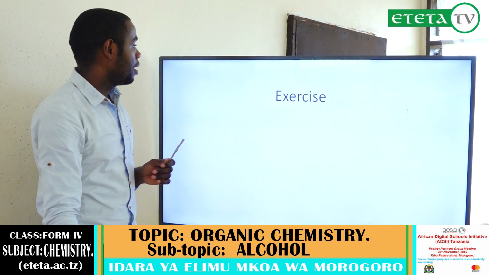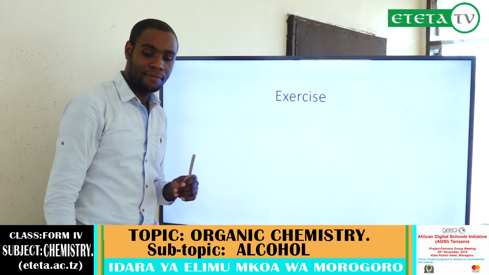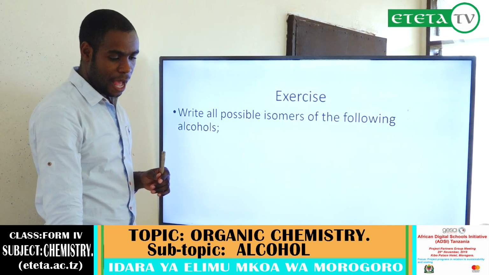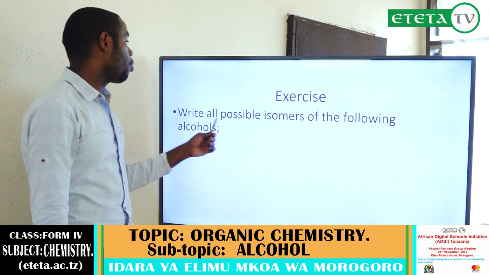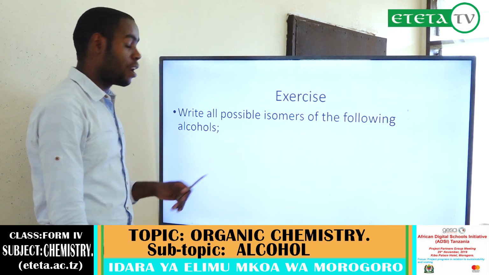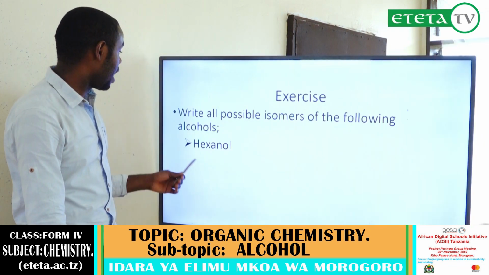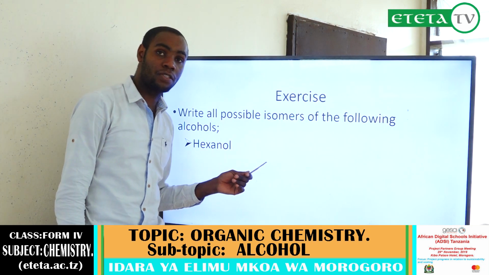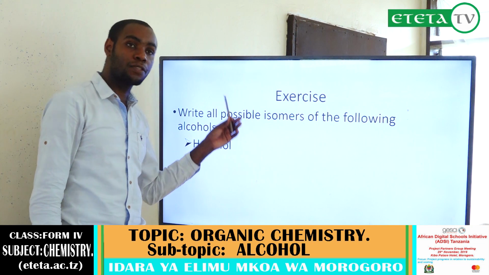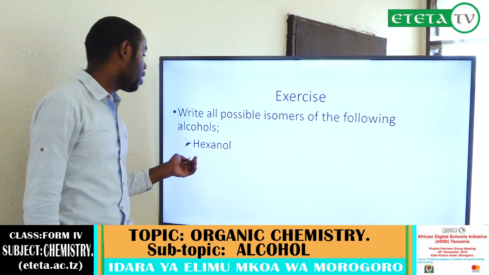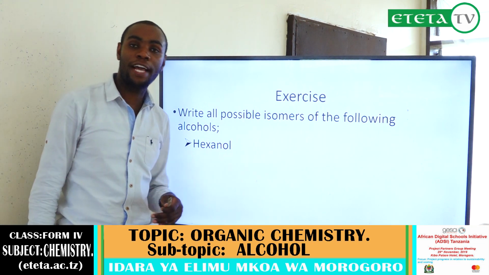Now, let us look at the exercise. I have a question here which says, write all possible isomers for the following alcohols. The first alcohol is hexanol. By using the examples which I explained earlier, it is very possible to write all isomers of hexanol.